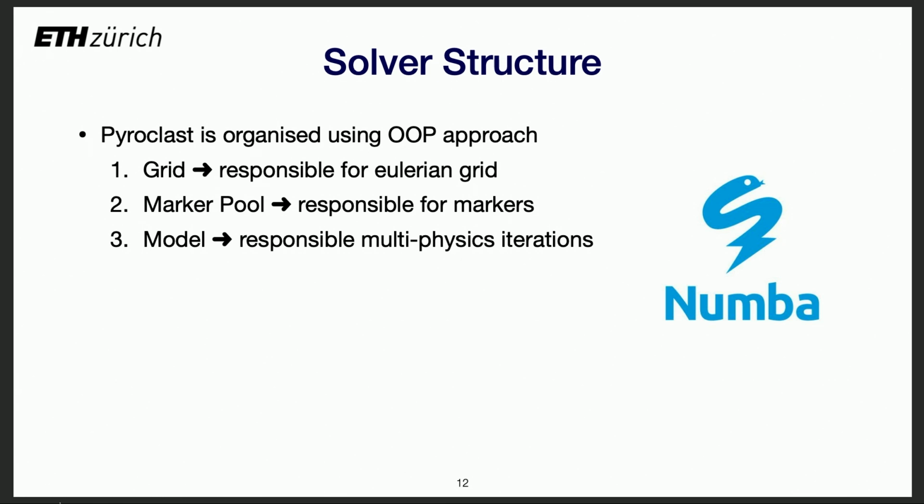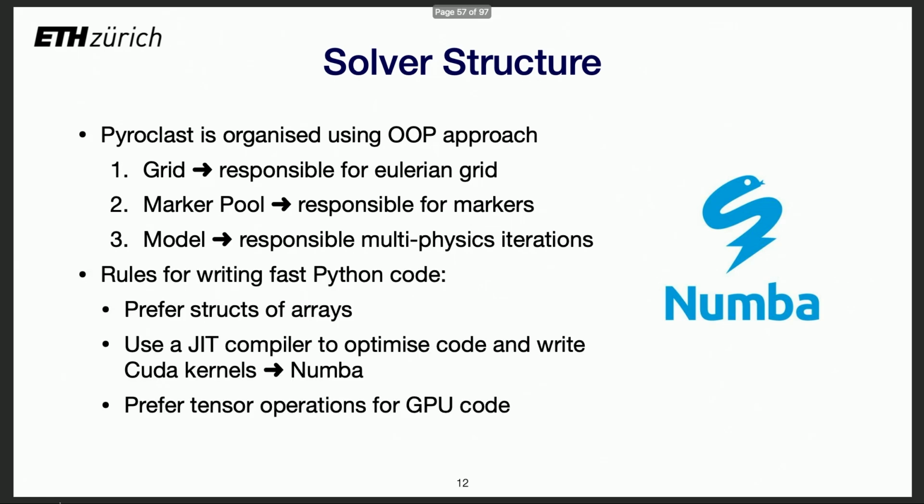Or in this case, there is no multiphysics, but that's the point. And the reason I did this is because you can mix and match different grids and marker pools and models in order to reuse as much of the code as possible. We really don't want users to have to rewrite all of the code every time they try and use a new model.